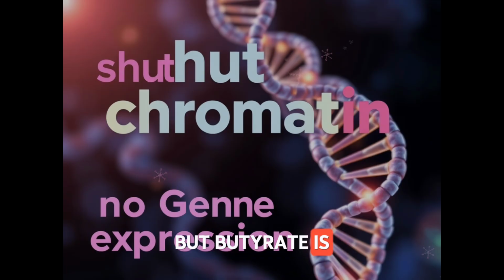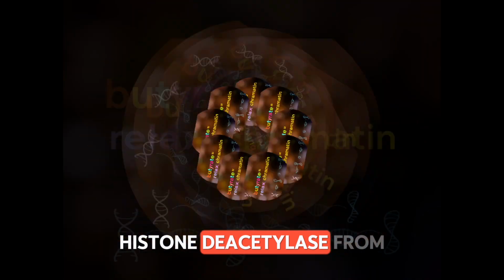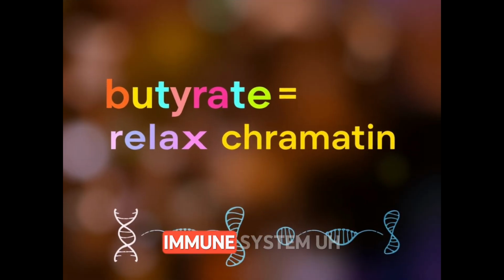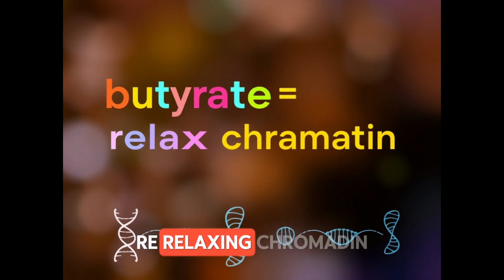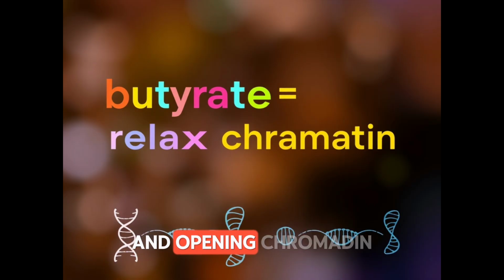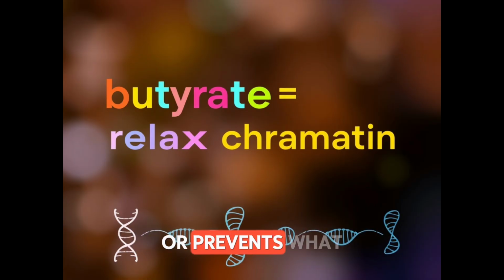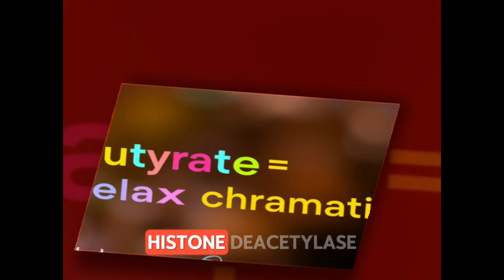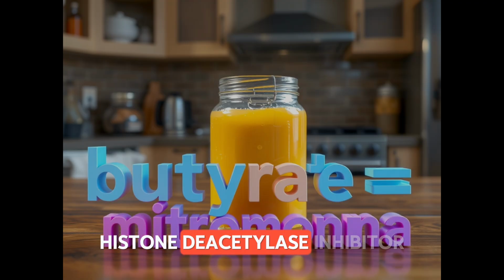But butyrate is a histone deacetylase inhibitor. That means that butyrate prevents the histone deacetylase from shutting down the immune system. Butyrate helps by relaxing and opening chromatin, because butyrate stops what is closing down the chromatin, which is the histone deacetylase. That's why butyrate is called a histone deacetylase inhibitor.